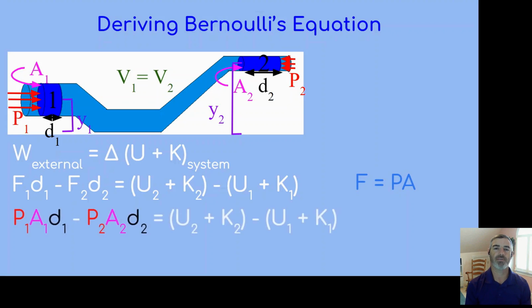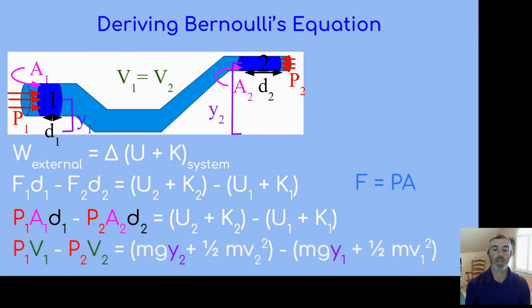So we can substitute that in for F1 and F2, so we get P1 A1 D1 minus P2 A2 D2. Now, the next thing we're going to do is substitute in the equations for our mechanical energies. So we know that potential energy, that's gravitational potential energy, is mgy, and we'll use y2 and y1, and kinetic energy is 1/2 mv squared for each of those points through the pipe. So we're looking at the speeds through volume 1 and volume 2.